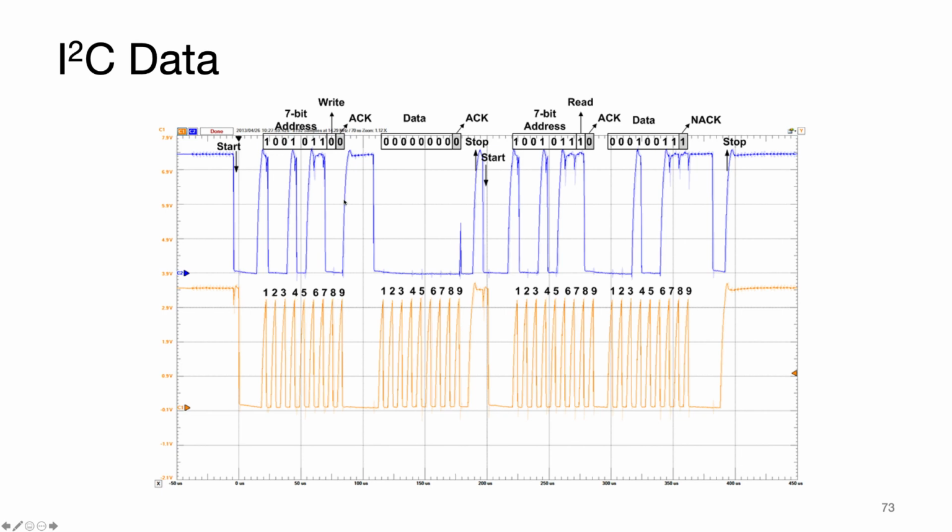You don't have to get nice, really square edges up the top. You've got to get them over the threshold. This is the clock signal here. You wouldn't want little runt pulses that don't go all the way up. Like this one here is concerning. Was this supposed to go high? Was it supposed to go low? I don't know. So that would give you a little bit of suspicion, but in this case, it's underneath the threshold, so it's been called a logic 0.